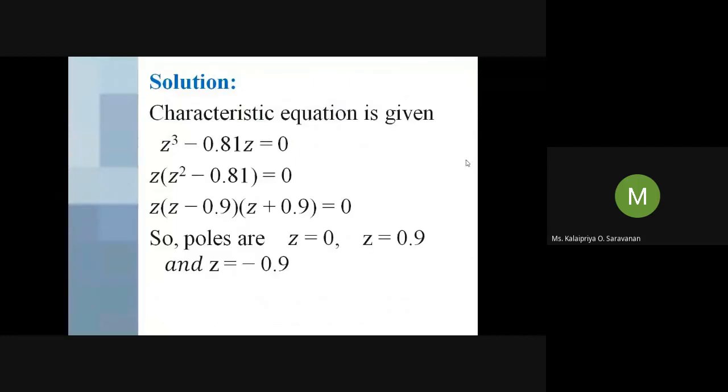So what we'll have to do is, first of all, to determine whether a system is stable or not, we will have to analyze its poles. So solve this characteristic equation and get the poles of this particular system.